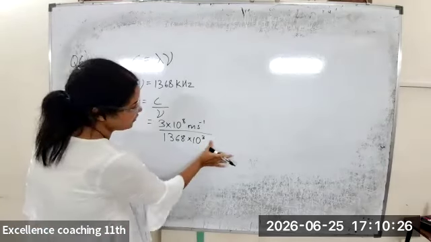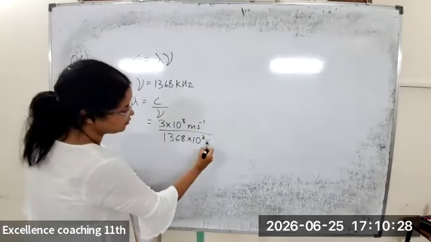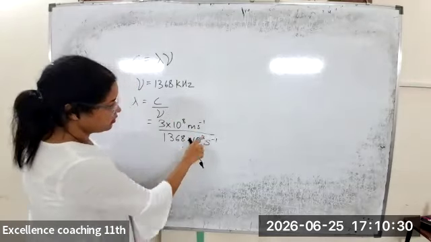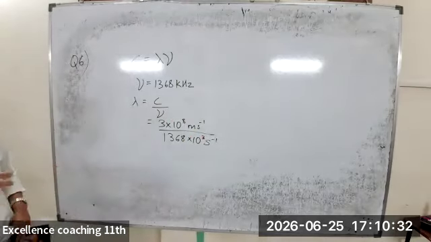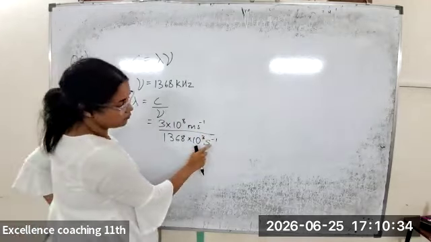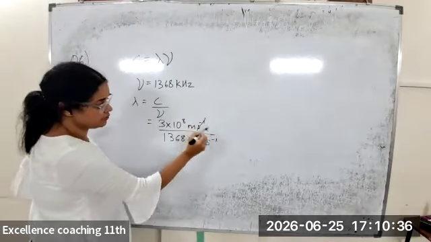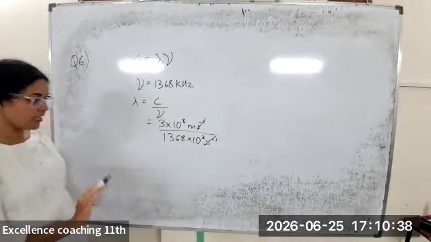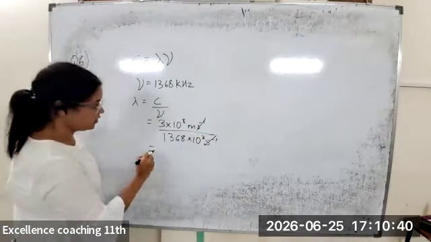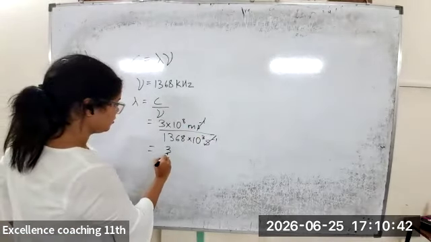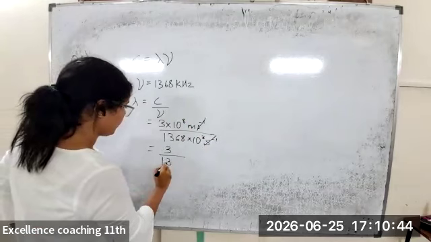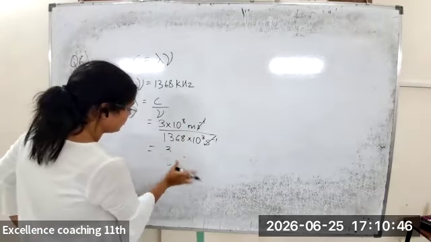Okay. So suppose I write hertz in terms of second inverse, I wrote it in the form of second inverse. This second inverse gets cancelled. So what will remain is 5.